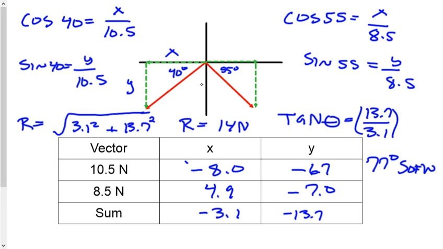So our diagonal is going to be this right here. I'm just drawing a small line through there, just to remind you, our diagonal would be there. This xy right here are the xy coordinates of our diagonal. So if I can Pythagorize it, can you see the right triangle I'm trying to draw there? I'm trying not to get too confusing. So we have a negative 3.1 for the x and a negative 13.7 for the y coordinates of that diagonal.